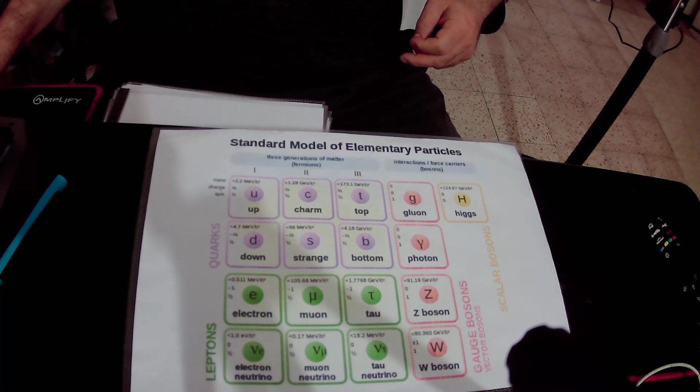Each elementary particle has its own elementary antiparticle. So in total we have 17 elementary particles plus 17 elementary antiparticles.